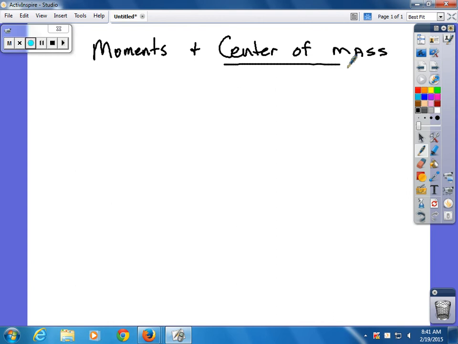In my opinion, moments help us get the center of mass. The principle that you learn with moments helps you with center of mass. The difference between moments is more two-dimensional. Well, no. Moments is more when you have a balance versus when you have an irregular shape.